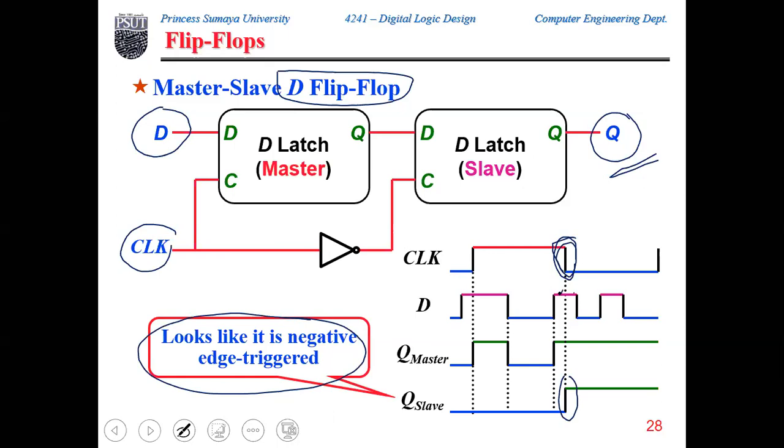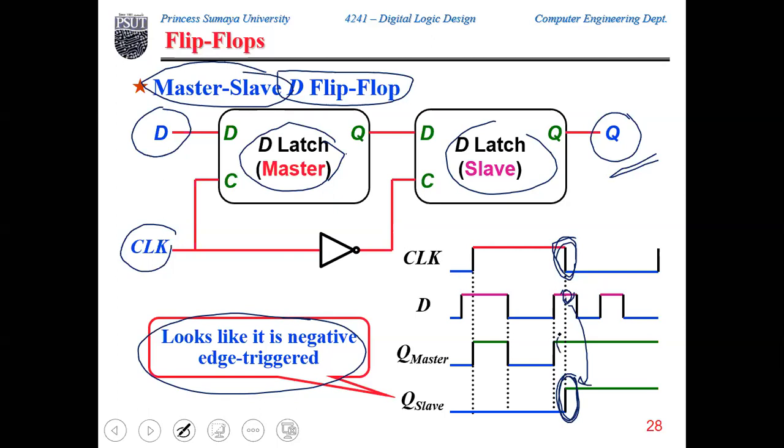So we took this D value at this instant of time and reflected it on the Q. This approach of building flip-flops is basically called master-slave, because we have two latches. One is called the master, one is called the slave. And why is this called the master? Because it is the latch that controls the value that appears at the falling edge in this example.